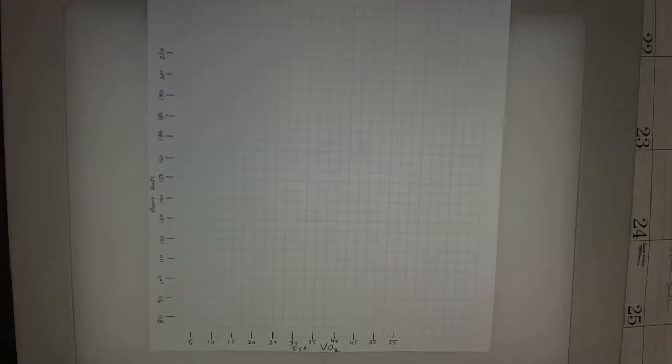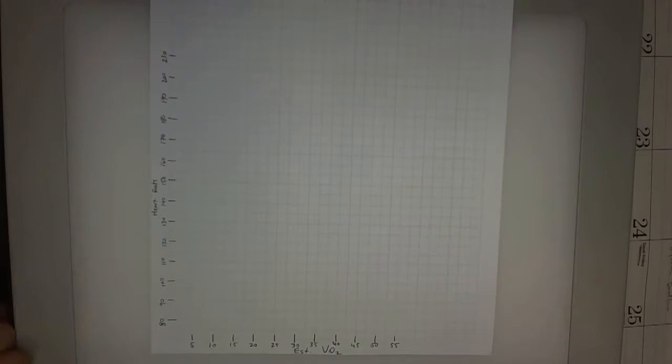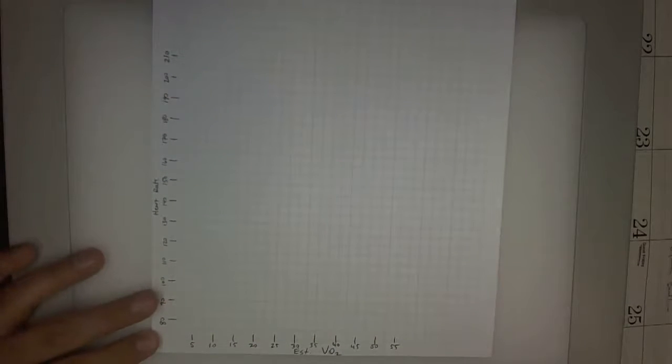Again, we're going to plot our estimated oxygen consumption on the X-axis and our heart rate on the Y-axis. So when you're thinking about how to set your tick marks, one, as you can see here, I don't actually start at 0, I start at 80. Again, you want to start below any points that you might have, but not necessarily start at 0. And then you want to go above and beyond any values that you might expect.